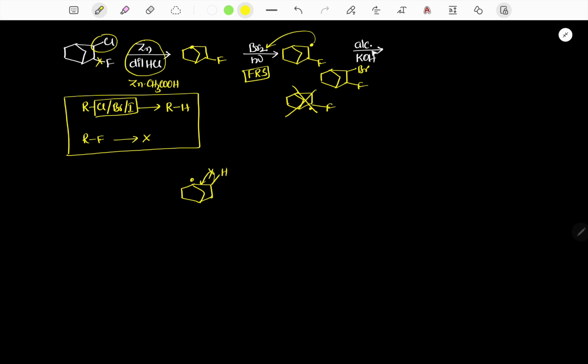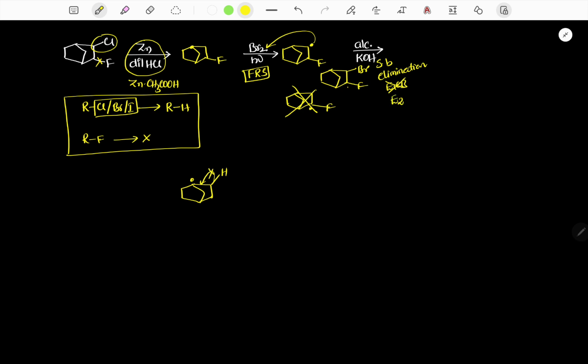Now it is treated with alcoholic KOH. It is a strong base. Therefore, we expect elimination. We first expect the E1cB mechanism, but there is no -R group at the beta position. With respect to Br, the beta position has no -R, and with respect to fluorine, the beta position has no -R.